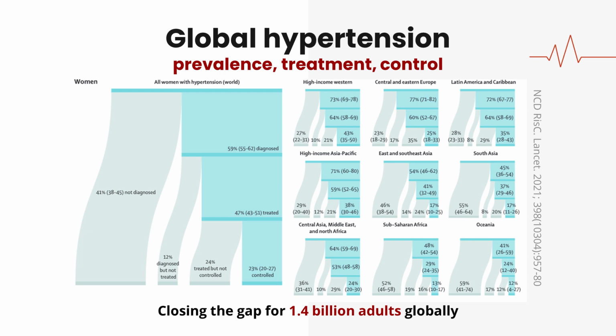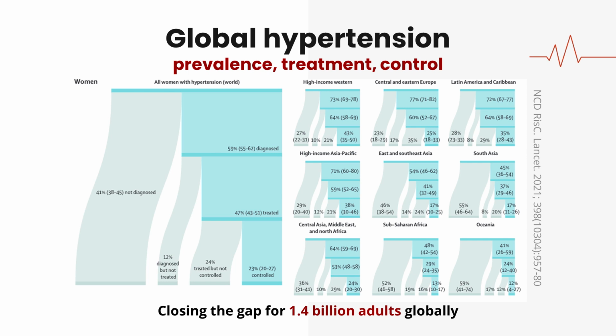So the first step in this cascade is to diagnose hypertension. The next step is to treat with pharmacotherapy or medications that effectively and safely lower blood pressure to reduce the risk of things like heart attacks and strokes. And then the last step is to control the high blood pressure or hypertension to target levels that we know help extend lives and reduce the burden of disease.